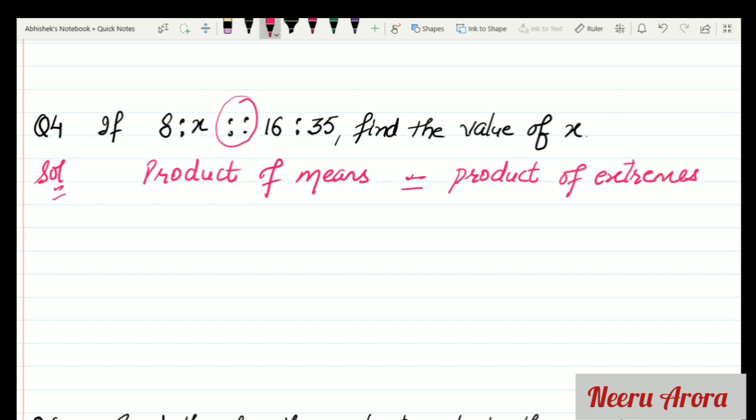So here the product of means is x into 16. It is 8 into 35. So extreme terms are 8 and 35. Means terms are x and 16.